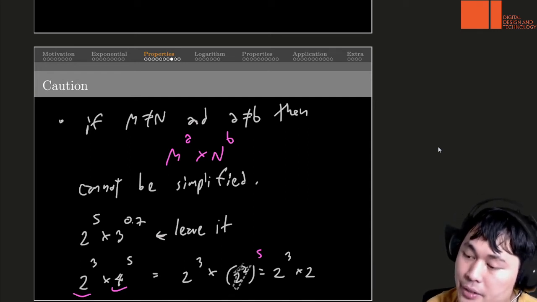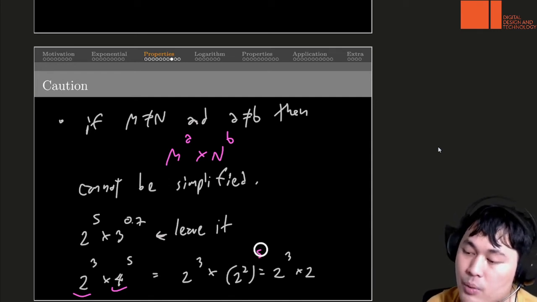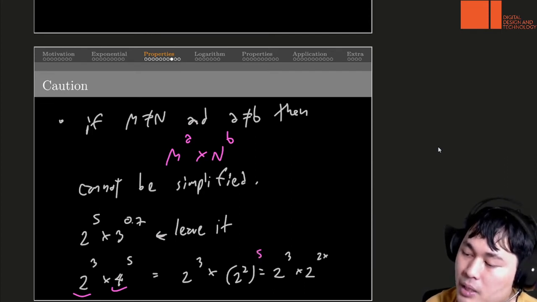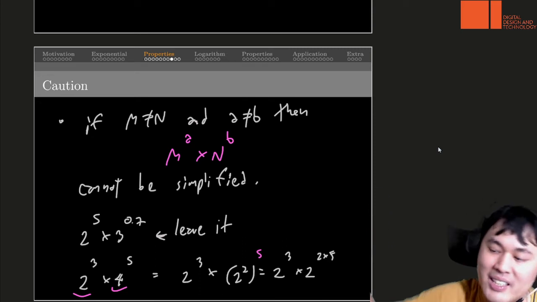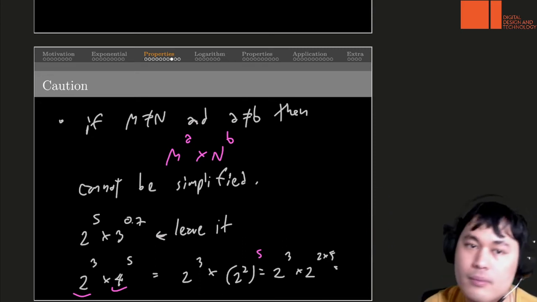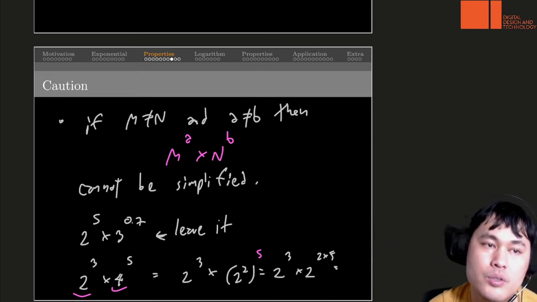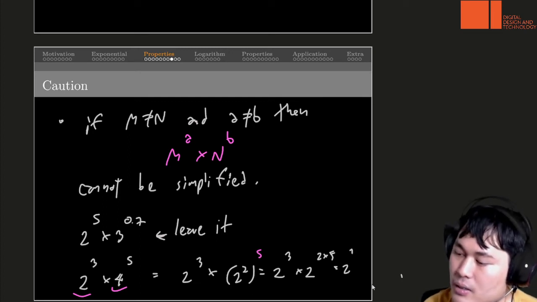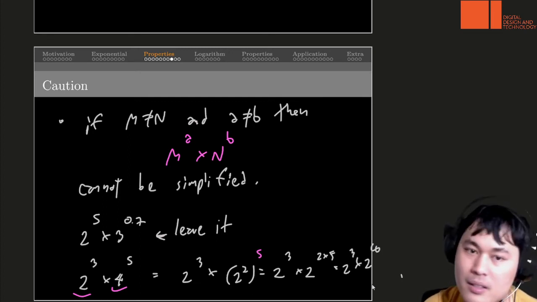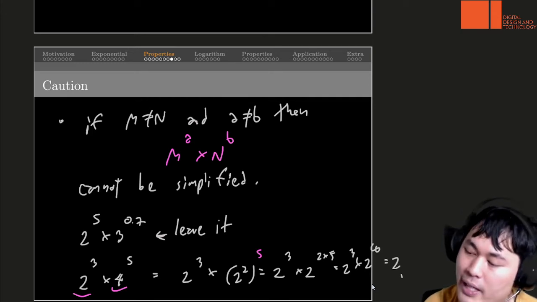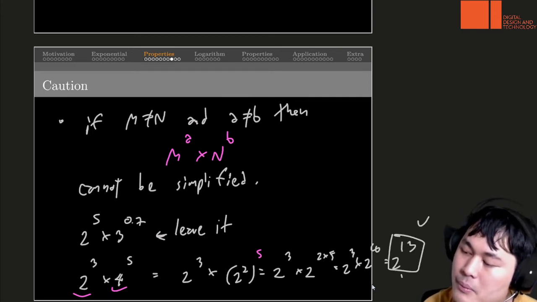And if you raise to the power twice, that's the same as multiplication. That's one of the properties above. And then we can, or rather we should, get 2 to the 3 times 2 to the 10, which can now be simplified as 2 to the 13.